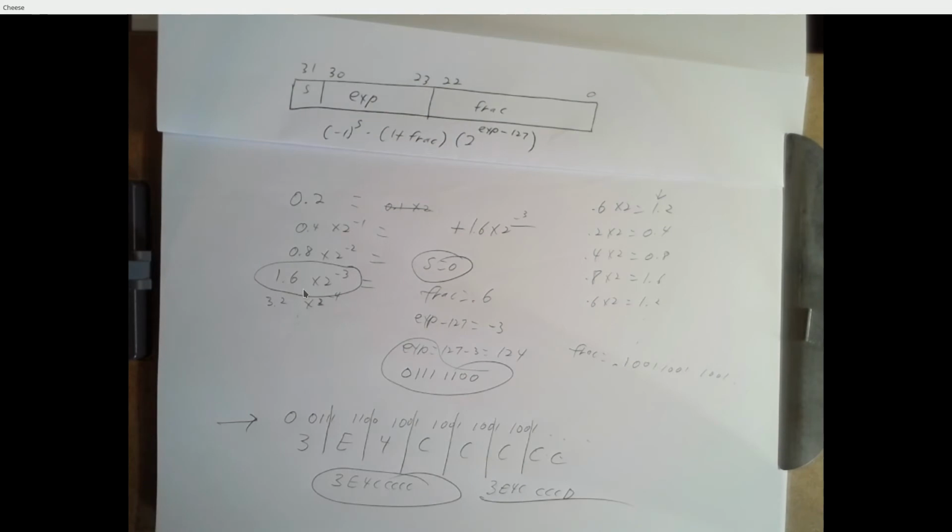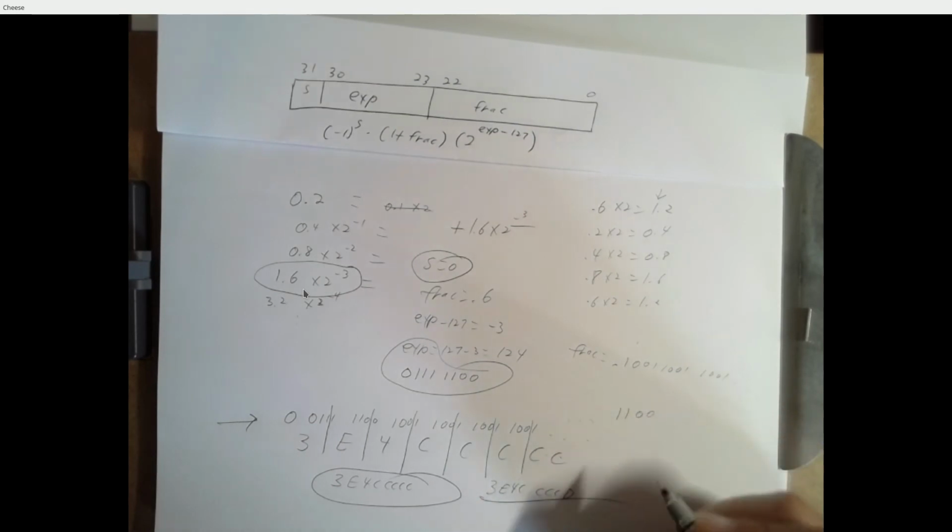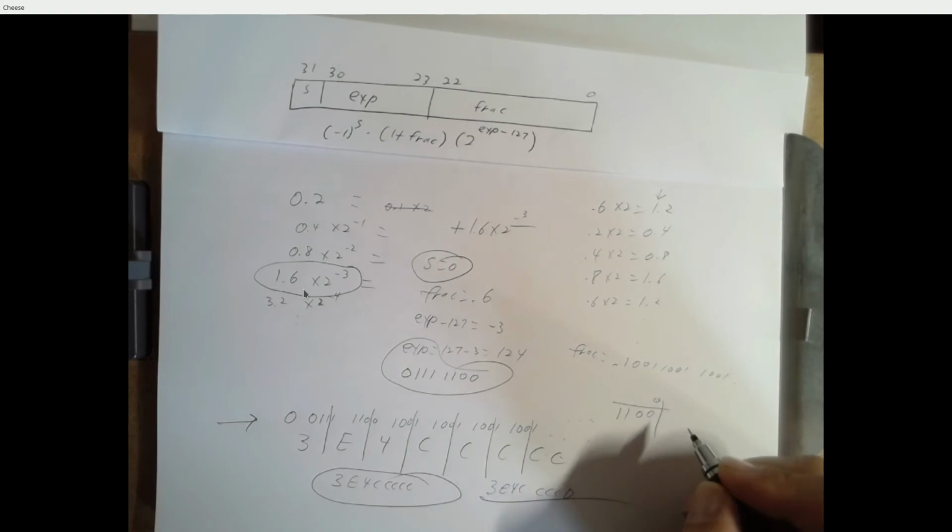Why is that? Well, if you were to write this out, the very end of it would be 1100. There's the C that we had, and this is bit position 0. But if we were to write one more bit, it would be a 1. It would be the beginning of the next C, right? Well, how do we round?